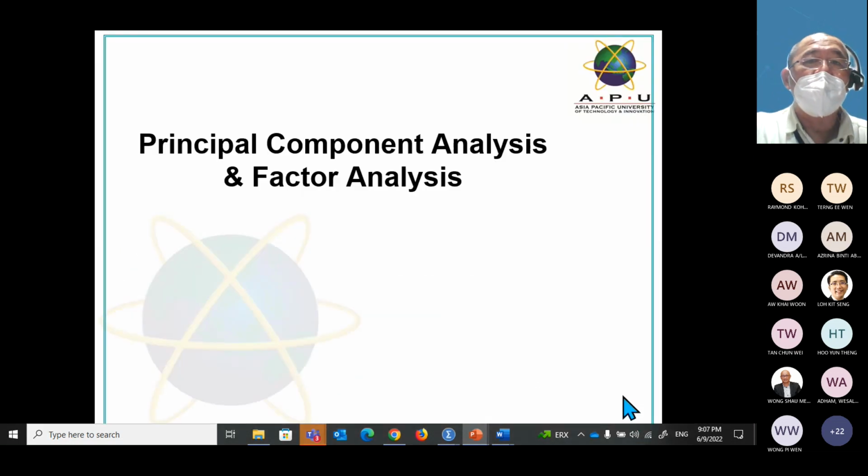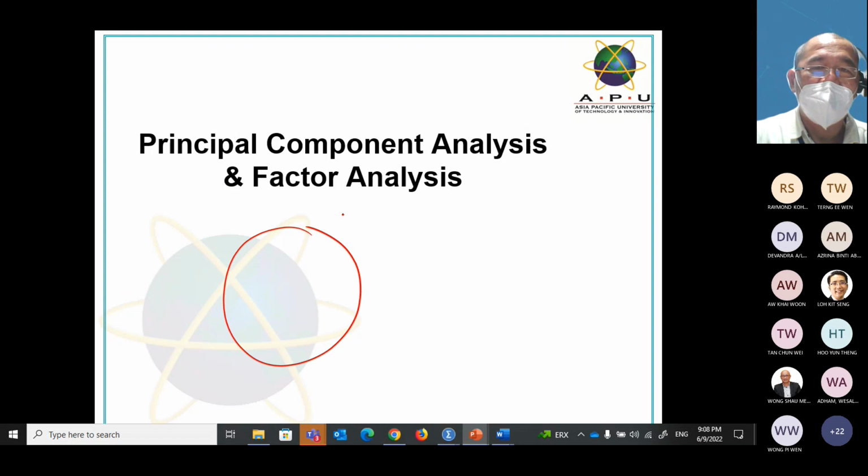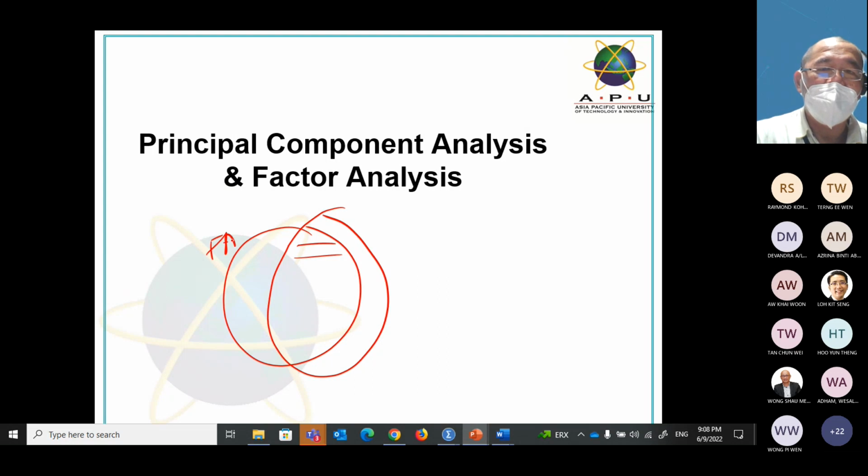Some of you may want to ask me about the difference between these two. Actually, it's like this. So factor analysis and also principal component analysis are quite similar.